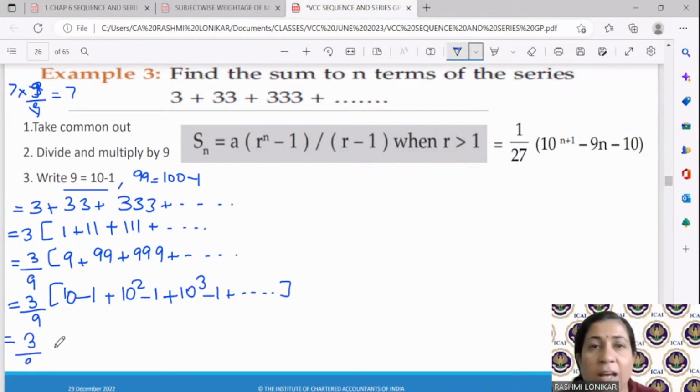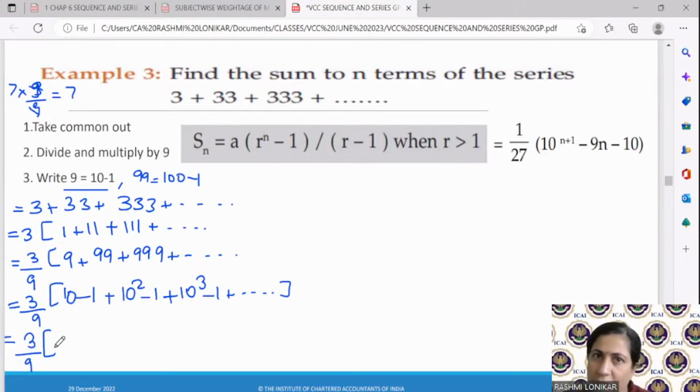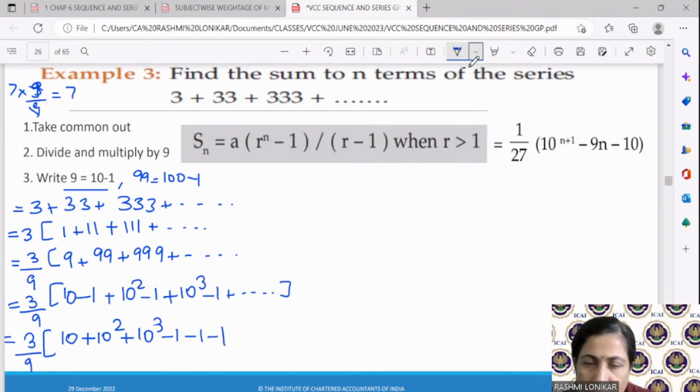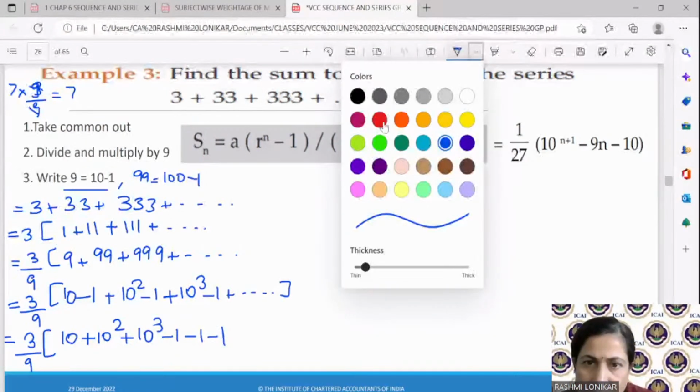Like we did in the last sum, I will write all the numbers of 10 together and I will write all the other numbers together. So I will write this as 10 plus 10 square plus 10 cube plus so on. Now I will write minus 1, minus 1, this minus 1, this minus 1. I will just show you which minus 1, because this is 10 minus 1.